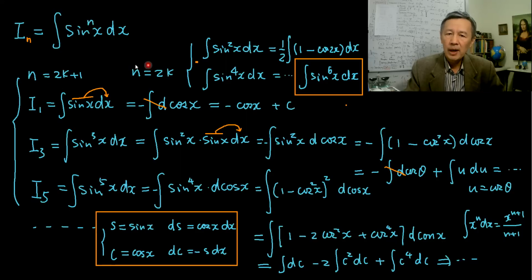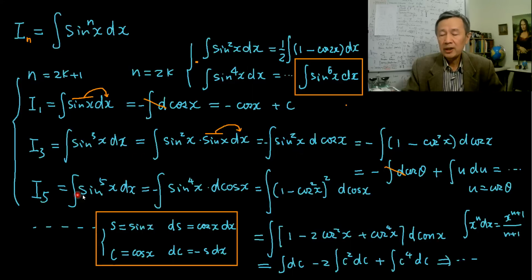Another type is n is an even number, such as 2, 4, 6, 8, 10, and so on. As you can see on page 1, if n is an odd number, the integration is relatively simpler, much more straightforward, can you see?